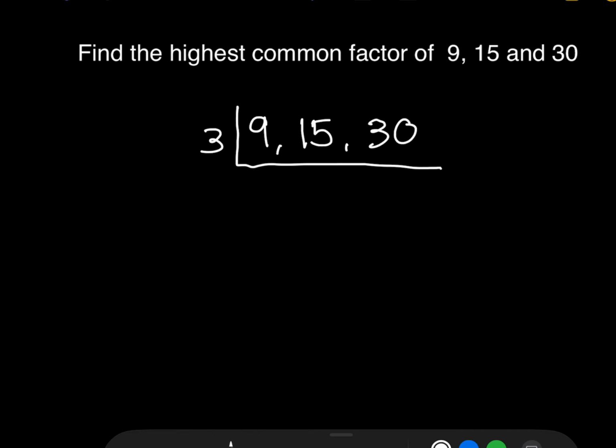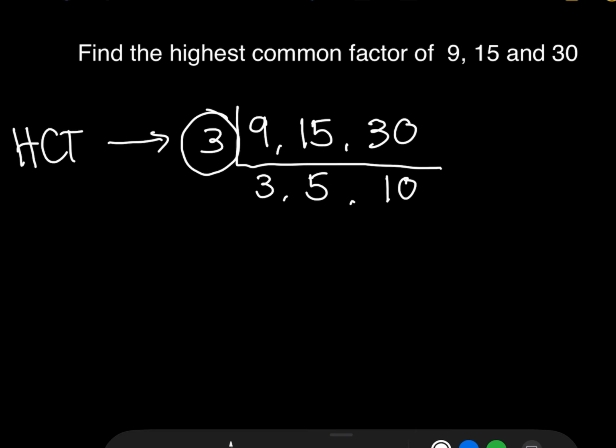So divided by 3: 9 divided by 3 is 3, 15 divided by 3 is 5, and 30 divided by 3 is 10. So in this case, 3 is the HCF, or the highest common factor.